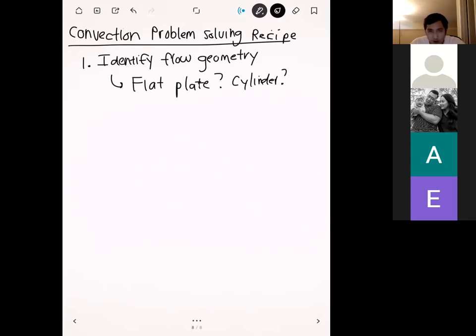There are things for spheres, there are things for boxes, there are lots of different correlations. And so the first step to choosing the right Nusselt number correlation for your situation is just to identify what the flow geometry is going to look like. This is usually just one line, and you can usually see it just from whatever the image is. Okay. And so that's step 1.